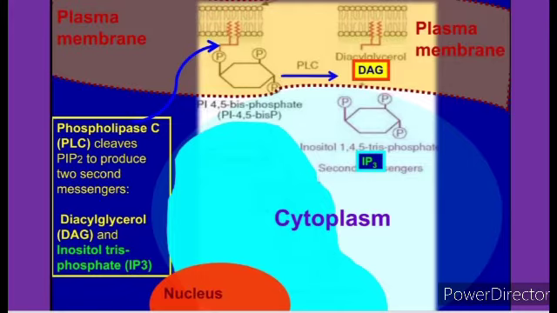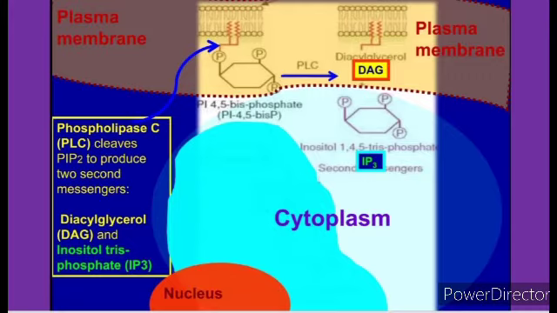The membrane is there, and this is PIP2. Here's the enzyme, called phospholipase C. It breaks between the phosphate and the lipid backbone and produces these 2 molecules. DAG is the lipid, and it stays in the membrane. IP3 is the head group, which is water soluble, and it goes into the cytoplasm.